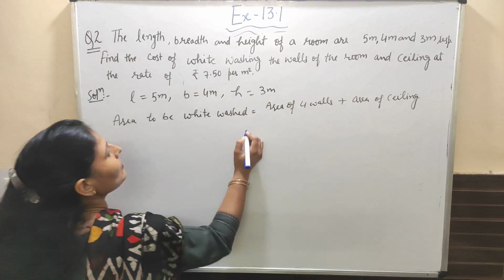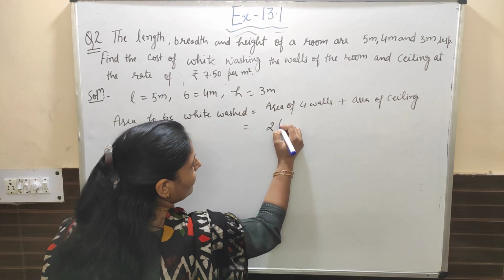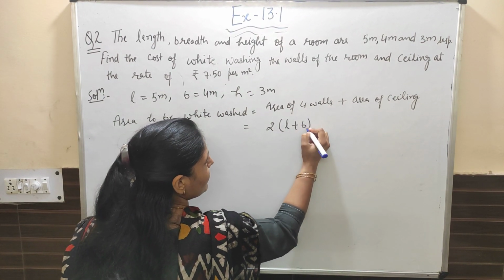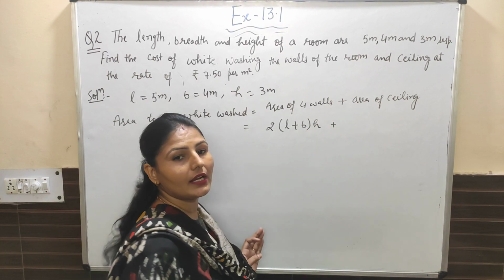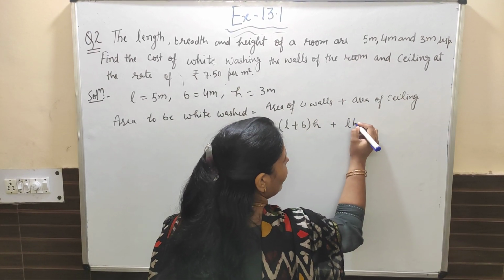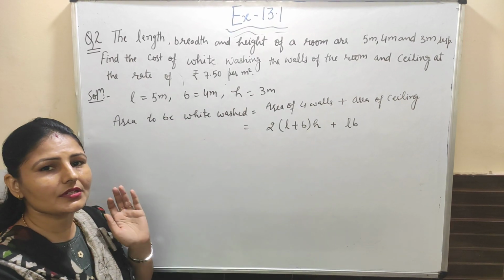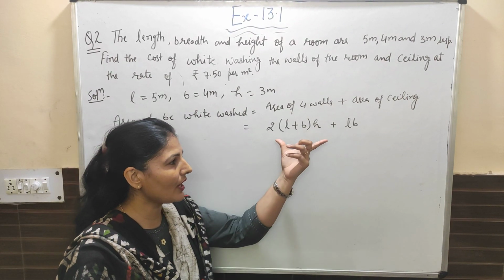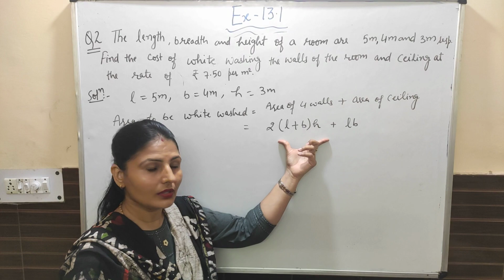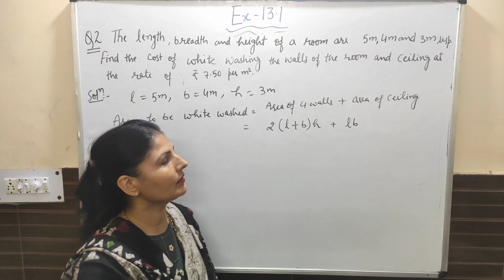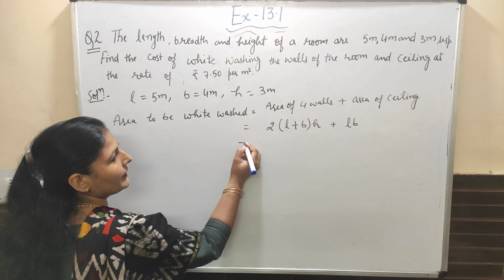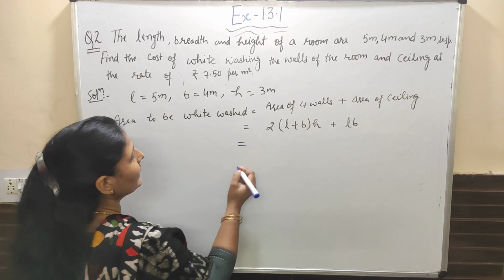Area of 4 walls will be again 2 into (L plus B) into H, and area of ceiling will be LB. In every question, students, listen carefully. You have to write the formula. Okay? Otherwise, you will lose 1 mark. I will cut.